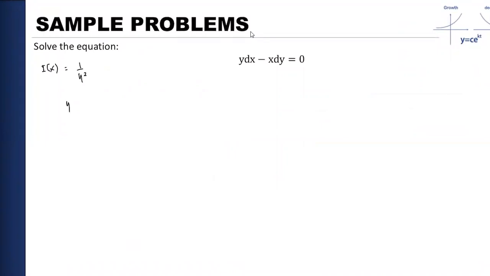So we have y dx minus x dy is equals to 0. Multiply both sides by 1 over y squared. So we have the numerator y dx minus x dy all over y squared is equals to 0. Okay? So dito, kailangan mo na ngayon i-check if you have an exact differential, no?